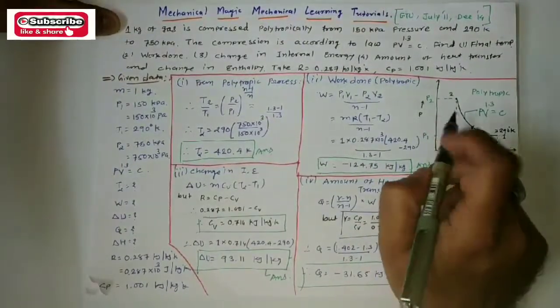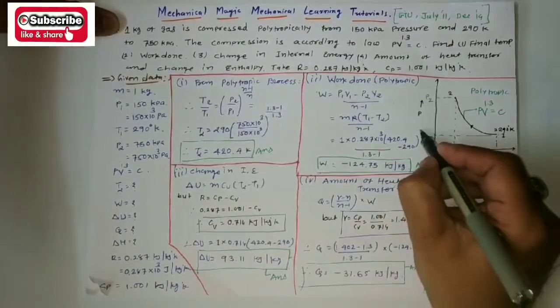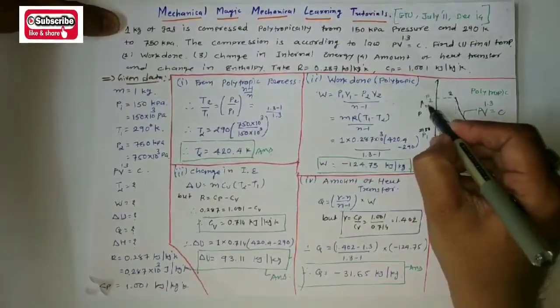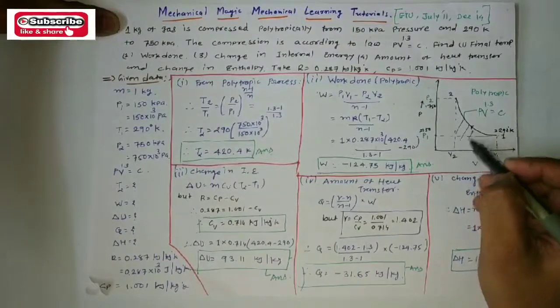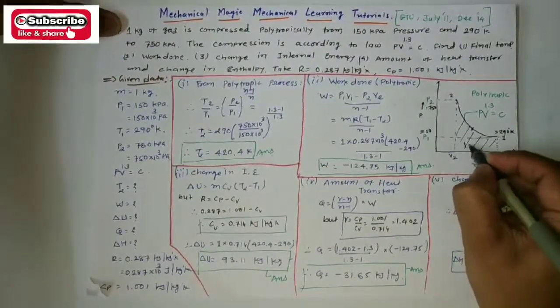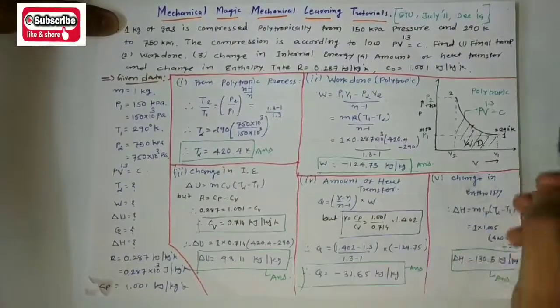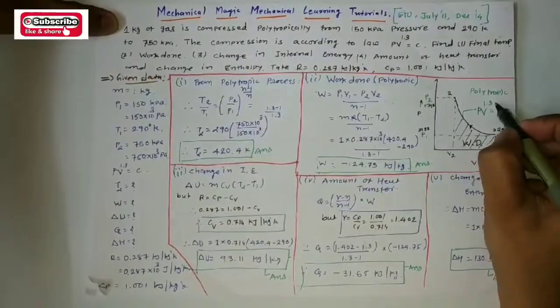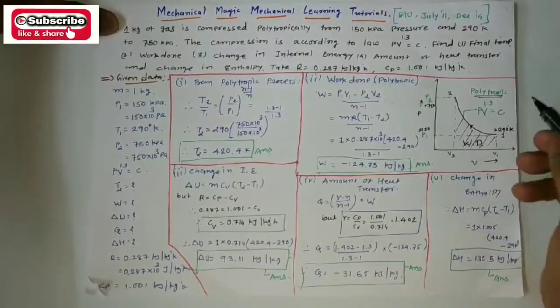From point 1 to point 2 the pressure increases to P2. So here P1 is 150 and P2 is 750. This area you can say is the work done by the system, and PV raised to 1.3 equal to constant represents a polytropic process.